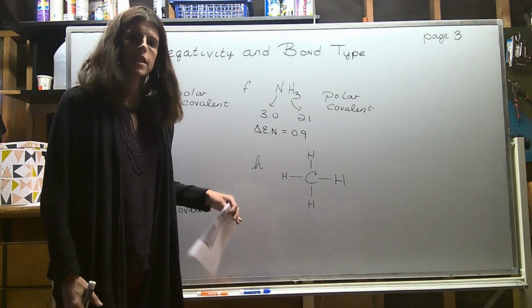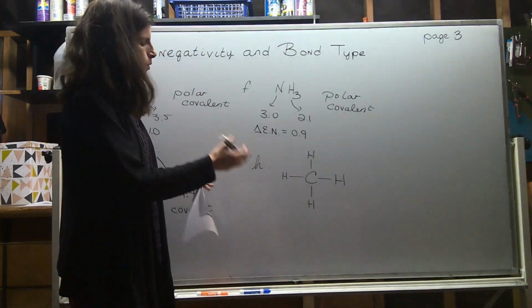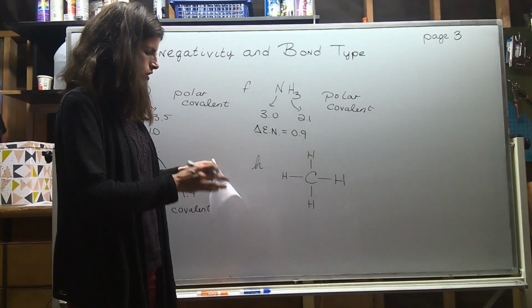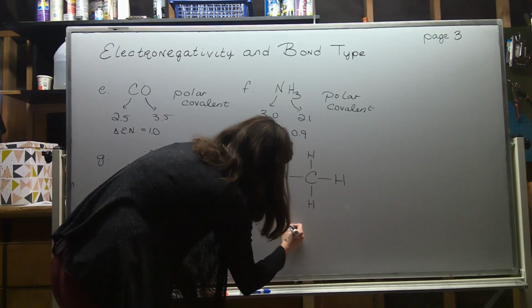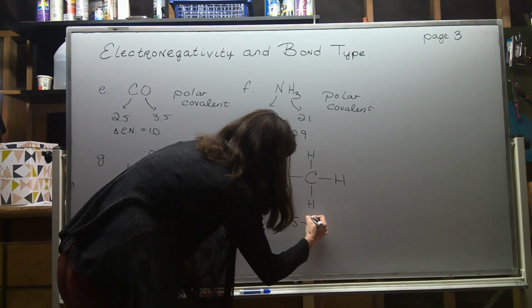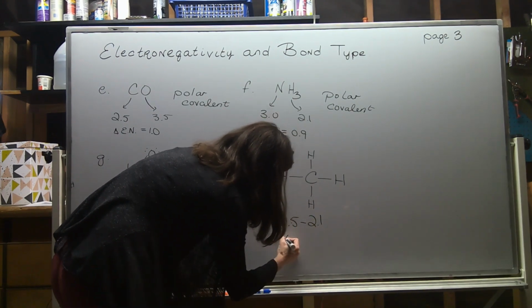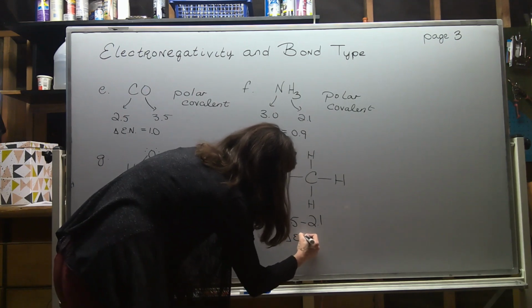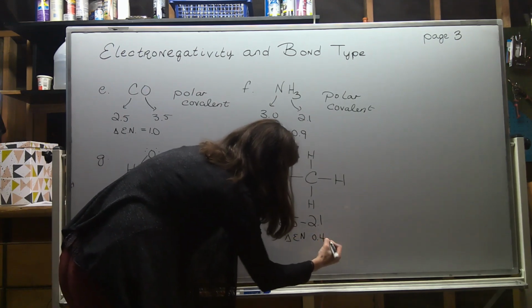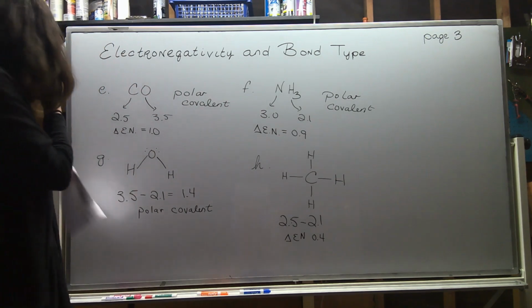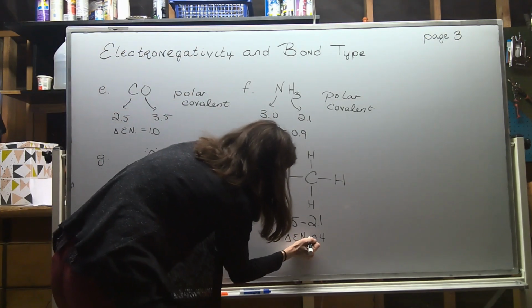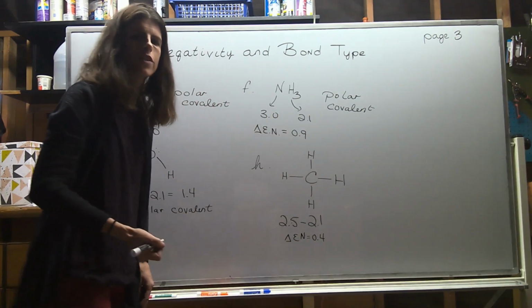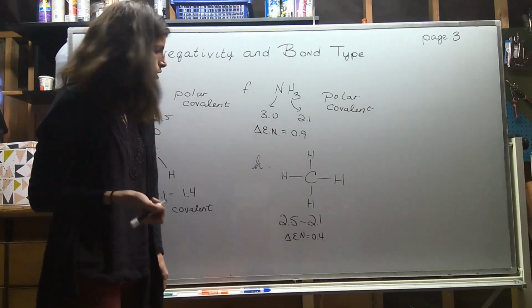Here we have methane, CH4, but we don't have to worry about 4 hydrogens, we're just going to do 1 of them. Carbon comes in at 2.5, hydrogen 2.1, so we have a difference of 0.4. And so even though they're not exactly the same in terms of their electronegativity value, they're close enough that they're sharing almost perfectly.